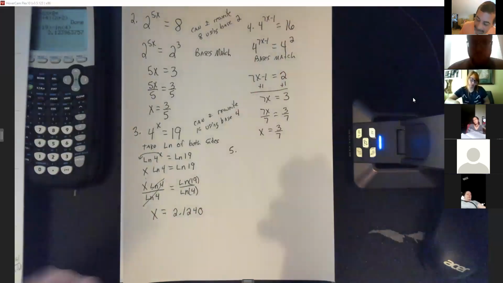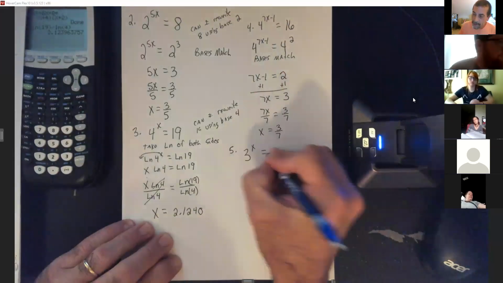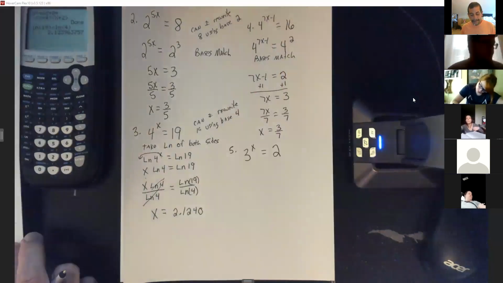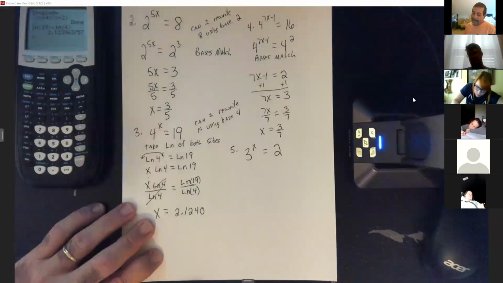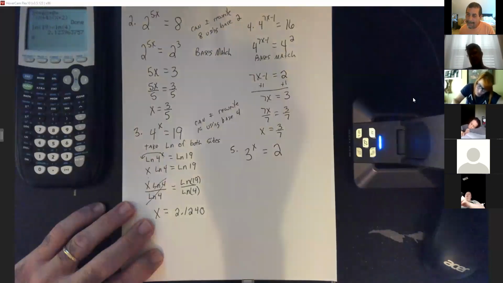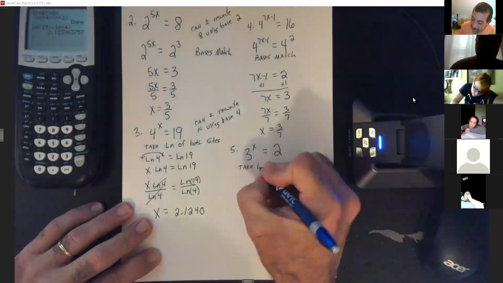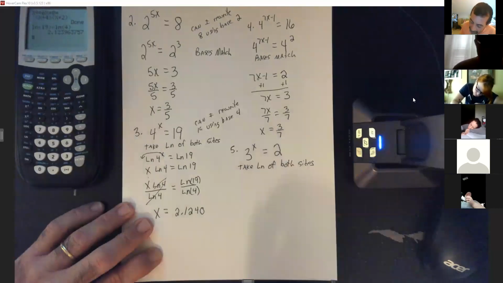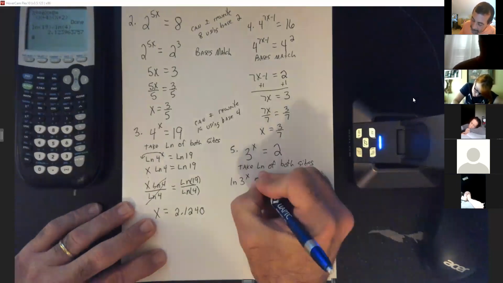All right, how about this? 3 to the x equals 2. Now, that one we cannot rewrite, so the first move I'm going to do is take ln of both sides, which gives me ln of 3 to the x equals ln of 2.